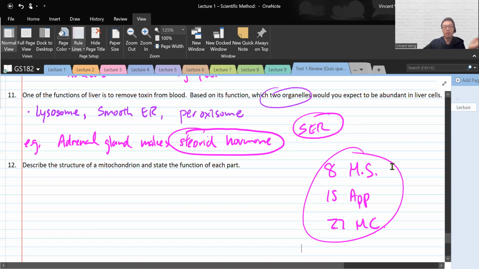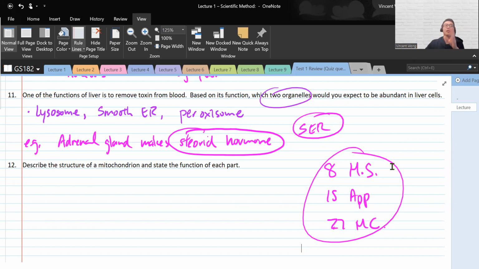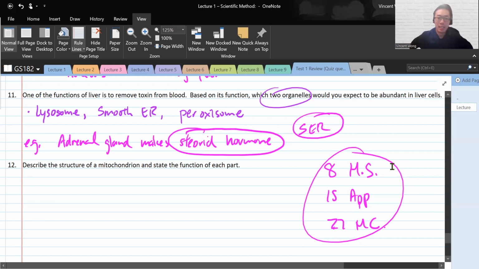Don't get too hung up on whether something is application or not. It would appear the same to you. It's not going to be in a different section, it's all going to be mixed up. So when you see a question, don't try to think whether it's application or regular. It makes no difference, you just do it the same way.